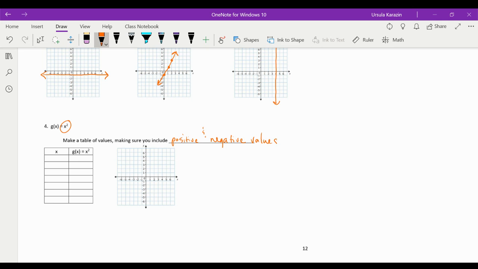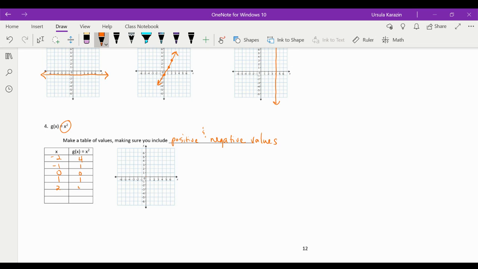It's very common to choose -2, -1, 0, 1, and 2, although those don't have to be the ones you use. And sometimes they're not actually going to be good ones. They may not be on your graph, or they may not be representative of your graph. But if you're not sure what a graph would look like, you can always start with those numbers and see what happens.